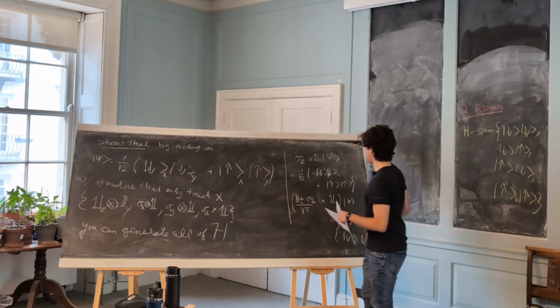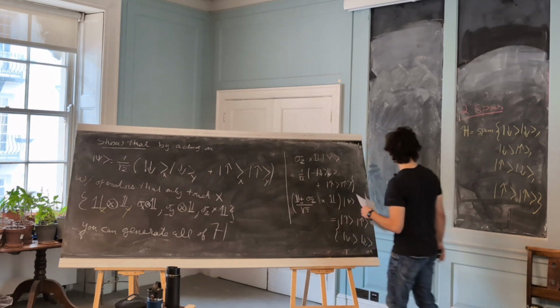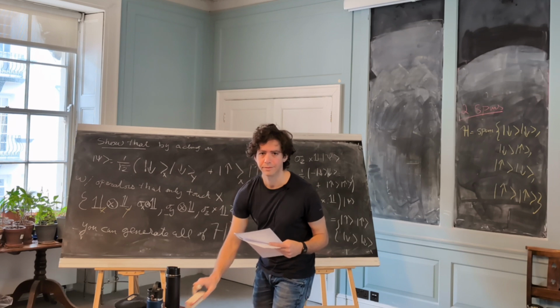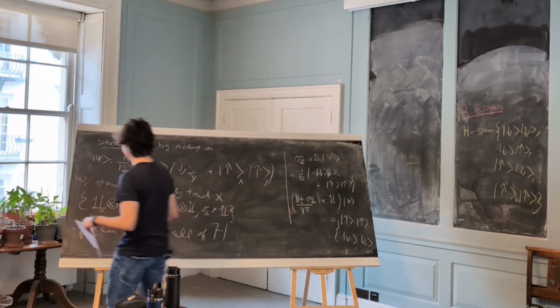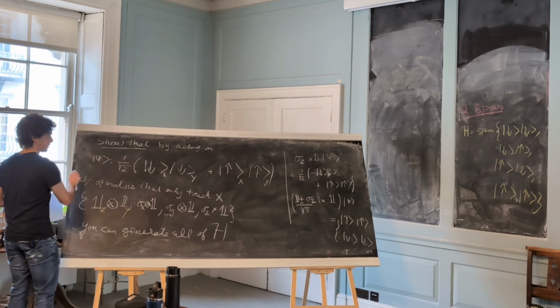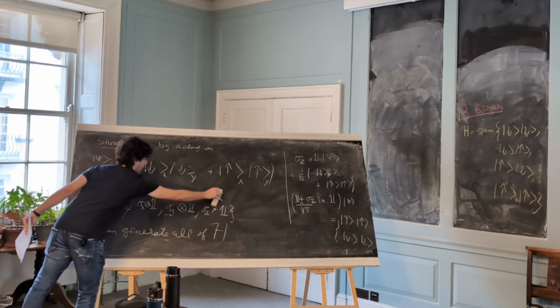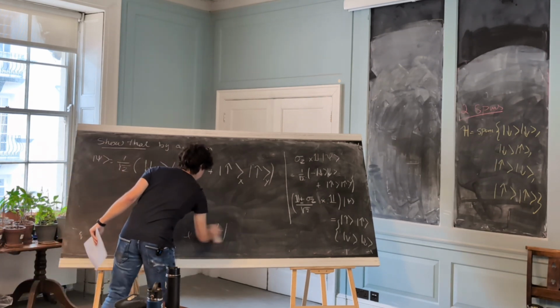It's a little more complicated to get up, down and down, up, but I'll tell you the answer. Sigma x plus i sigma y is raising. Sigma x minus i sigma y is lowering.